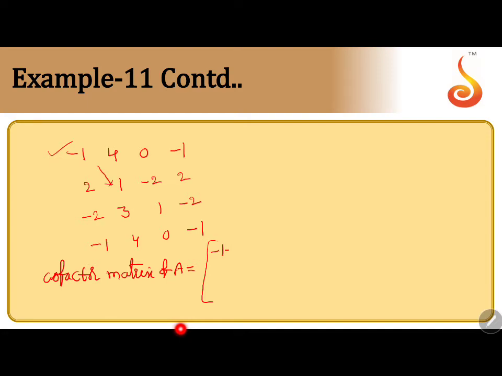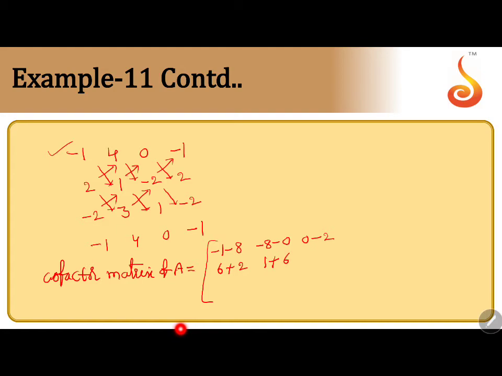Minus 1 minus 2 into 4, minus 9. 4 into minus 2 minus 8, minus 8. 0 minus minus 2 into minus 1, minus 2. 2 into 3, 6, minus minus 2 into 1, minus 2, plus 2, that is 8. 1 into 1, 1, minus 3 into minus 2, minus 6, plus 6, that is 7.